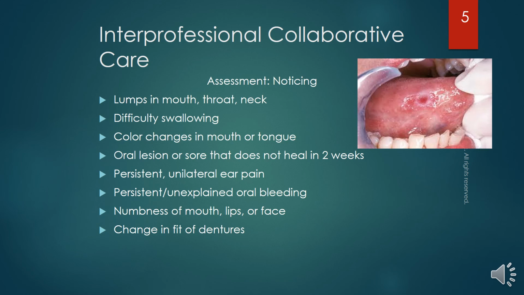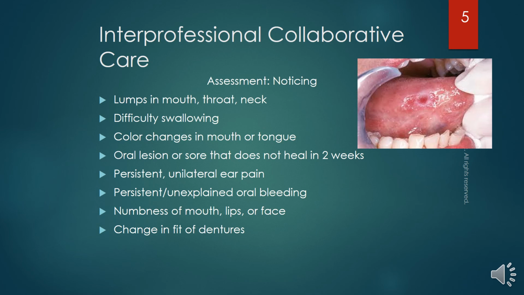If they've had an oral lesion or sore that doesn't heal in 2 weeks, these need to be looked at. I don't know if you guys have ever had these, but I have had mouth ulcers before, but they're usually gone in less than 2 weeks. So any lesion that is not, you need to pursue further.